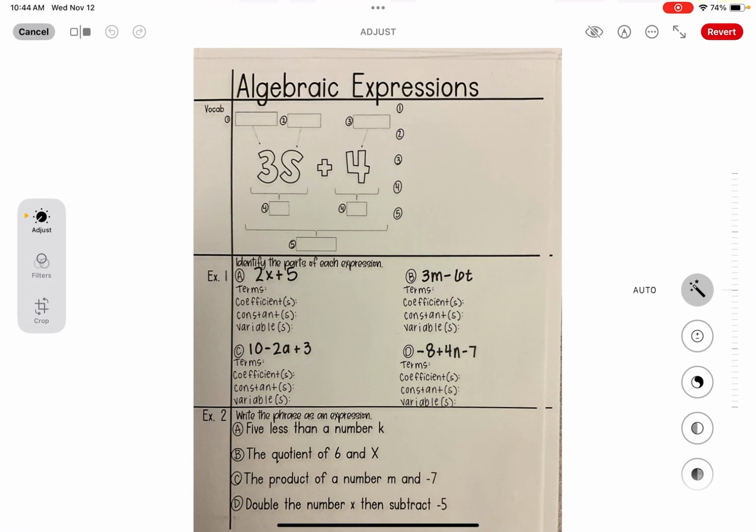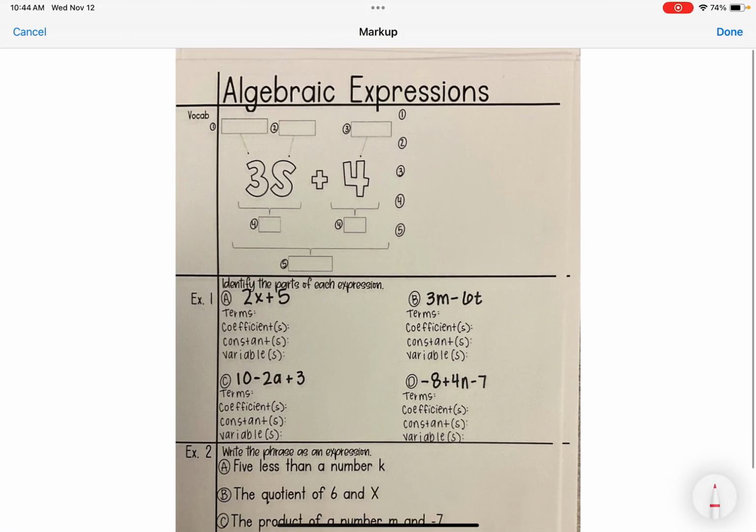Here we go. So this is the note sheet you should be on, algebraic expressions. And it is lesson 5.1, algebraic expressions. So our first lesson is learning about the parts of an algebraic expression. And we call this an expression, not an equation.